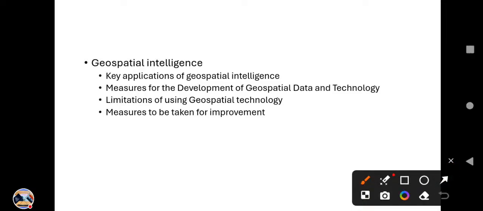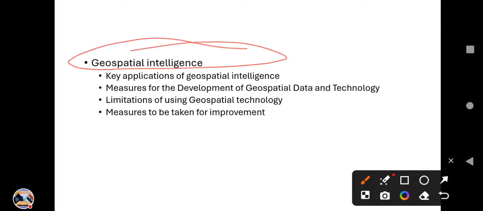Next is geospatial intelligence. What is geospatial intelligence and what are its key applications? Geospatial intelligence is the collection and integration of data from various technologies like satellites, sensors, and aerial images to create real-time maps and simulations. It aids in identifying and managing threats, supporting emergency response, environmental monitoring, logistics, and more.